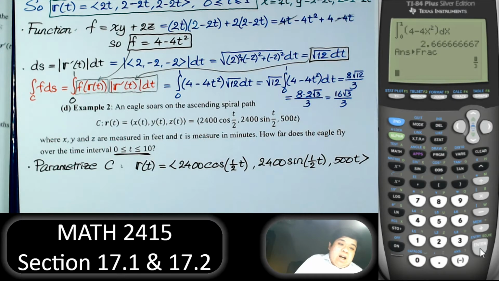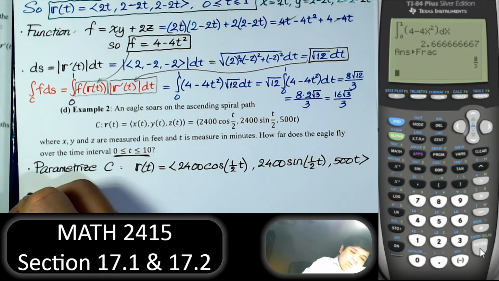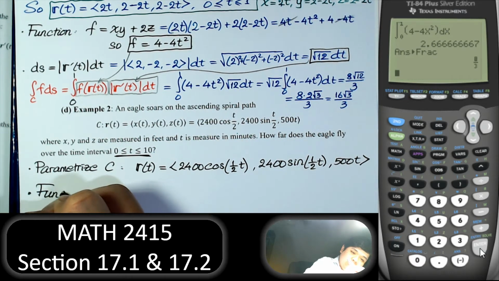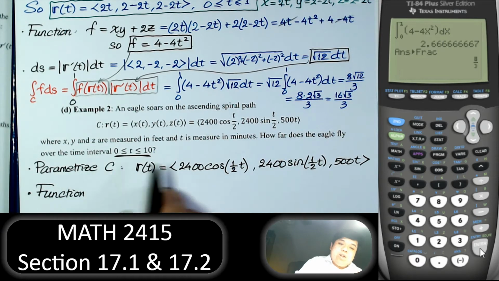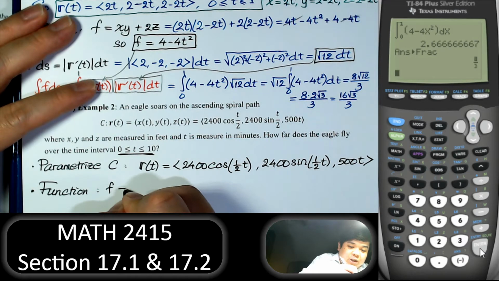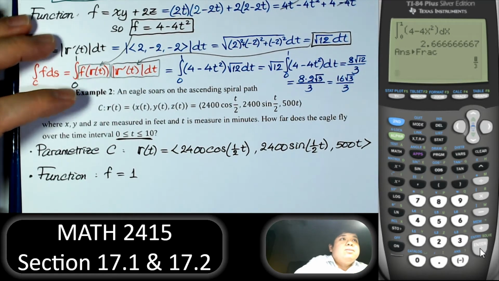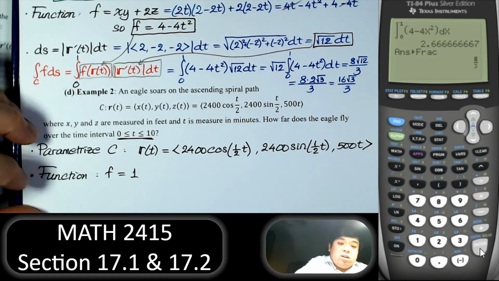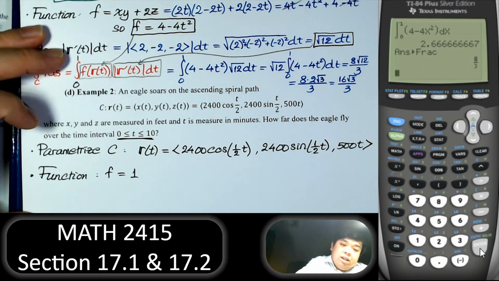Next, we just need the function, and then we have ds. So what is the function? Well, I didn't say anything about the function, so we assume that it is 1. So this one, we just find the length. In this case, we let f equal 1, because it's not mentioned.